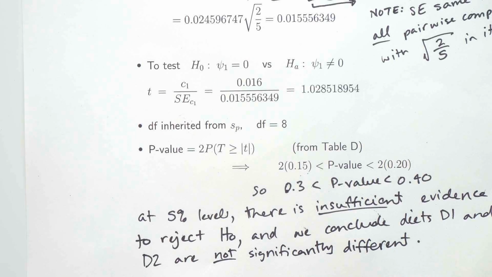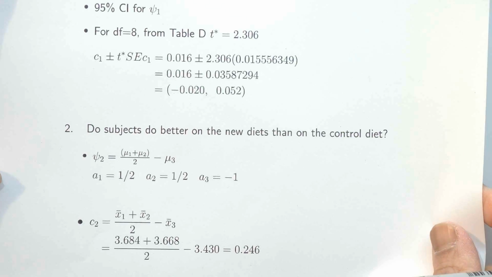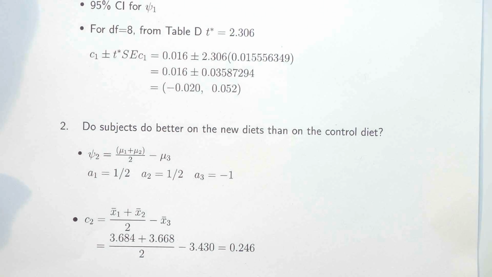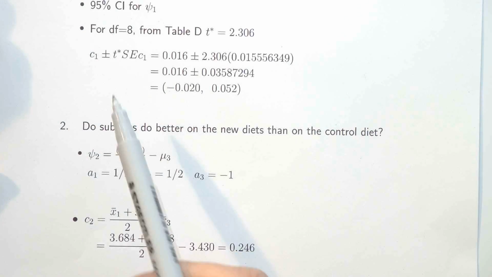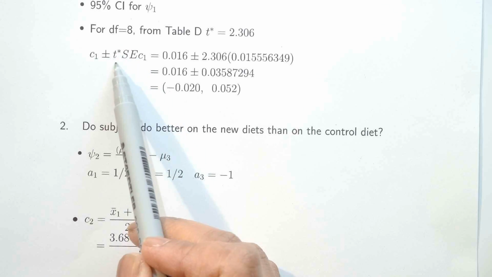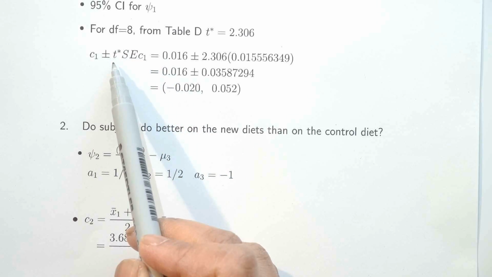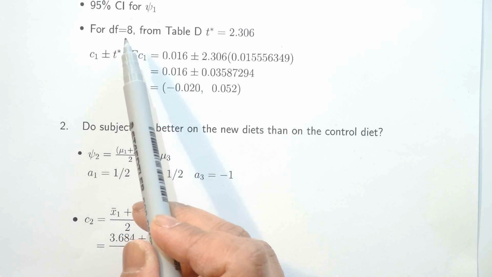What about our confidence interval? If we wanted to build a confidence interval for that difference, we play the same game we have since the beginning. We have our contrast, or the estimate of it, plus or minus a t-value times the standard error. The t-star, again, is on 8 degrees of freedom.